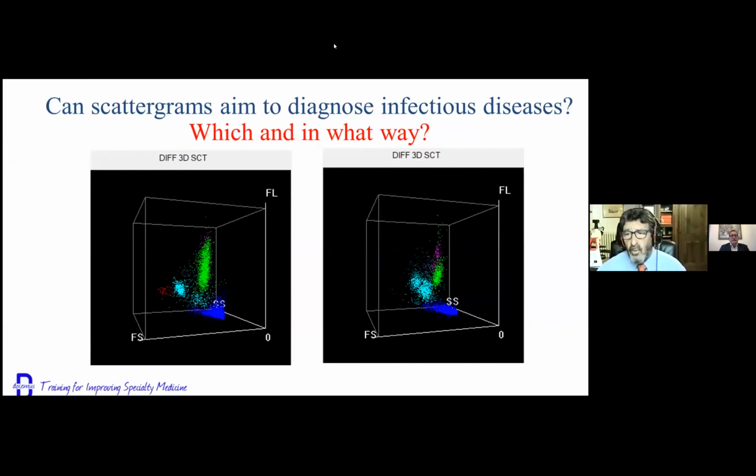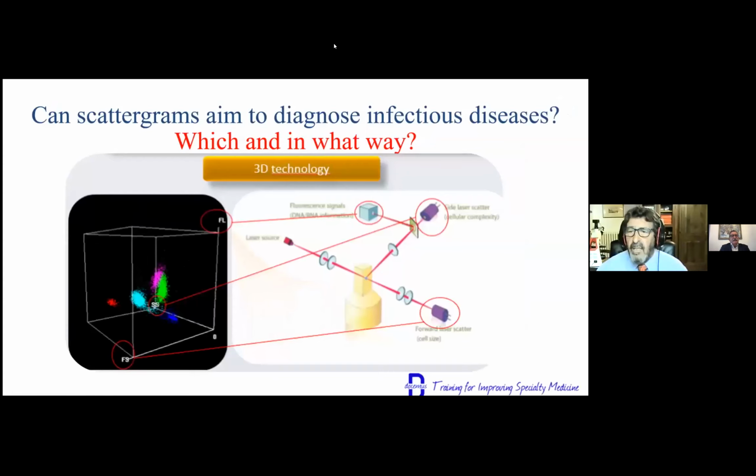That depends on variations in the leukocyte number and is non-specific in most cases, since it is also common to reactive situations and other infectious agents. 3D technology is based on the forward laser scatter signals, as well as on fluorescence signals, as well as backward laser scatter, namely the three dimensions.